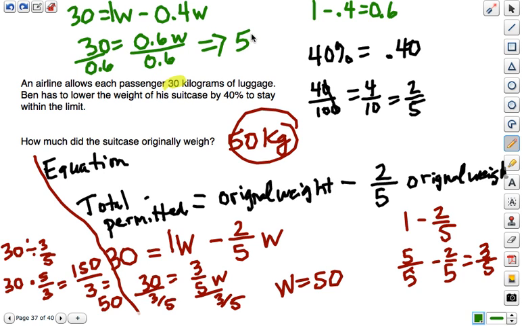If you're plugging it in correctly, it should give you 50. So our W is 50. So that's just the other way of doing it if you prefer to use a decimal. However, you should be comfortable with both methods. You should be able to use not only decimals, but also fractions. So both ways are fine though.